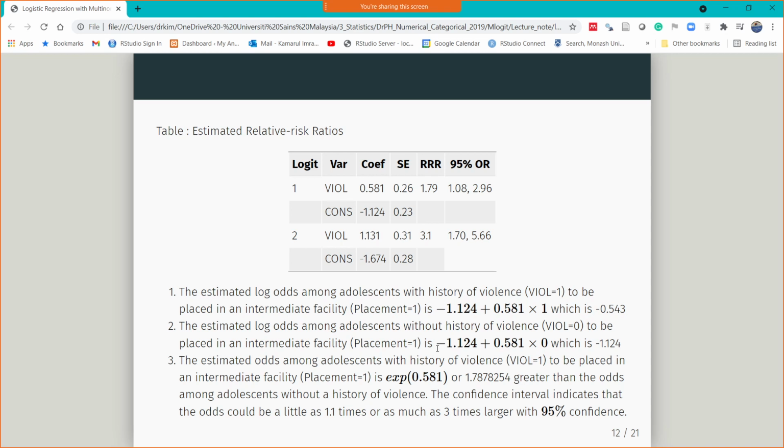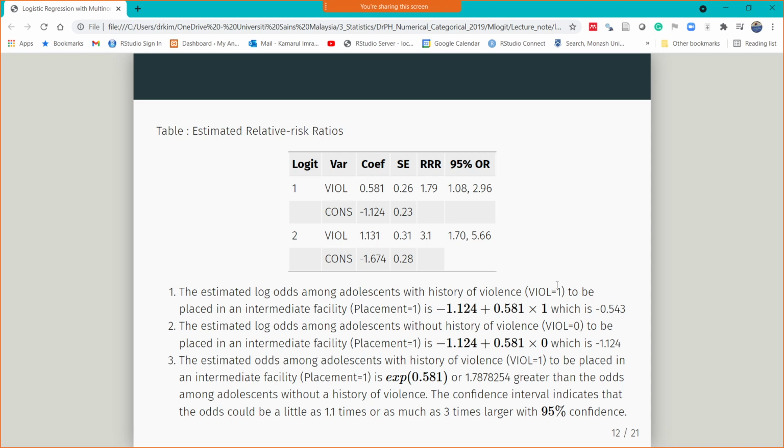The placement category. There will be longer notes for this slide, so I suggest that you refer to the longer notes after this. This slide is just to describe briefly what we are going to do for this topic.